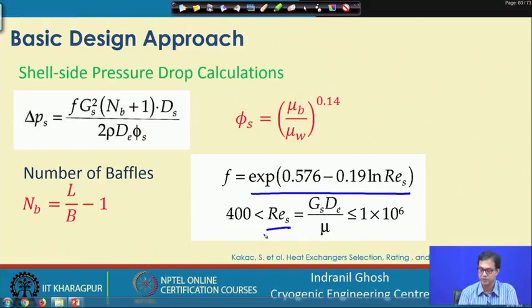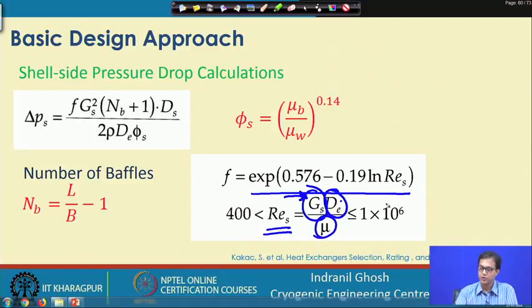First of all, we have to calculate the Reynolds number, which depends on the G_s, D_e and mu. We have already talked about how to evaluate G_s, we have already given the expression for the equivalent diameter, and this is the fluid property.